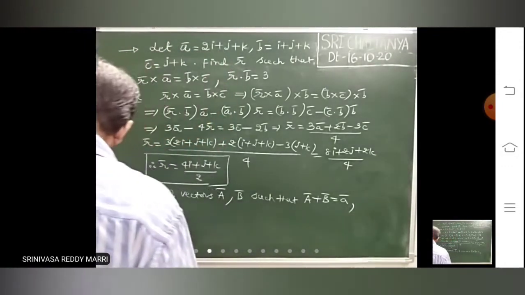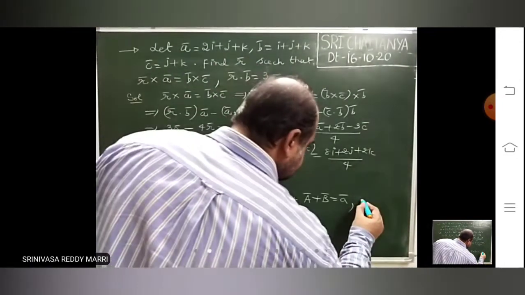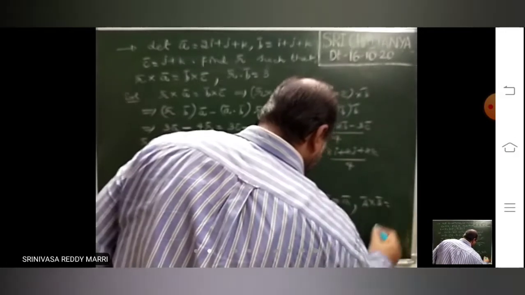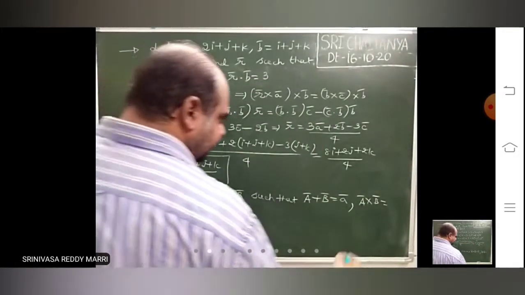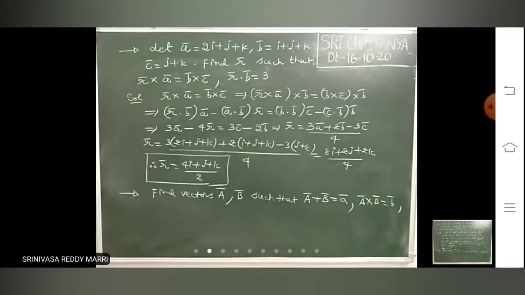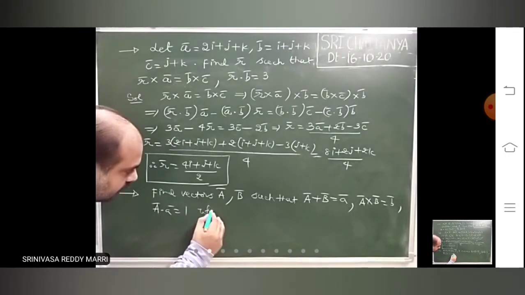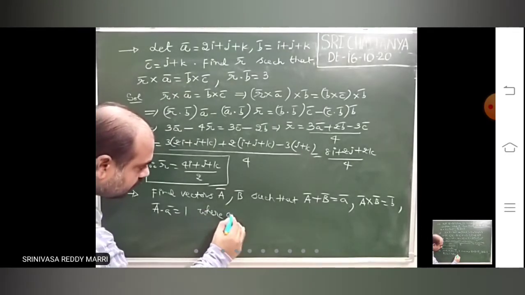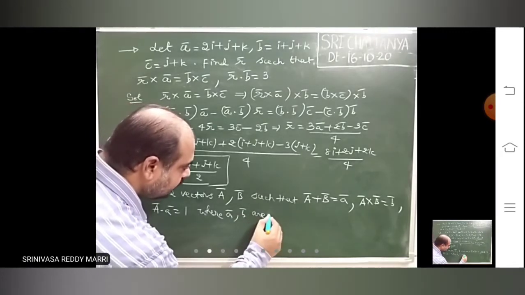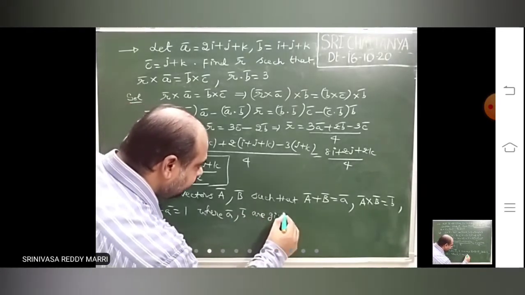The relations given are: a bar cross b bar equals b bar, this is one relation, and the second relation, a bar dot small b bar equals 1, where small a bar and small b bar are given vectors.